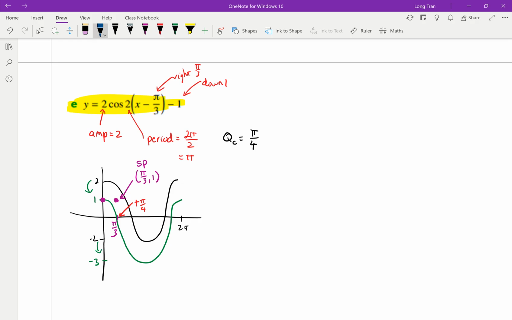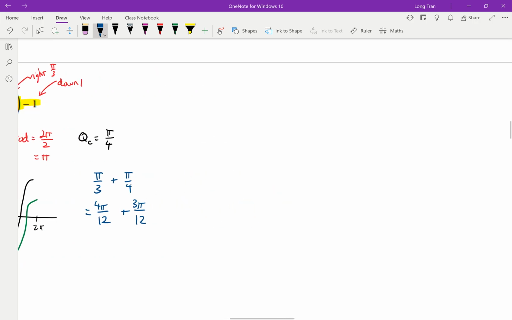This is probably the most tricky part to understand. You're taking the initial starting point, which is pi on 3 on the x-axis, and you're moving to the right by pi on 4. When you add them, the denominators aren't the same, so I need to change them so that they are the same. This would be 4 pi on 12, and this one would be 3 pi on 12. So in my mind, that's what I would have been doing.